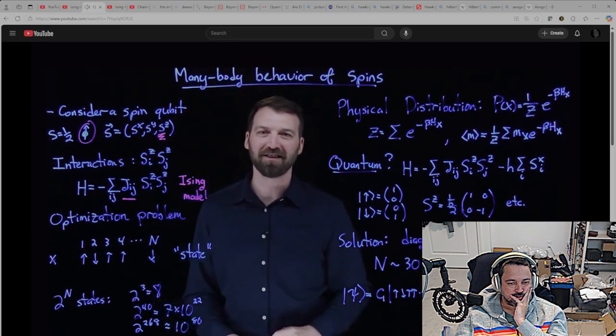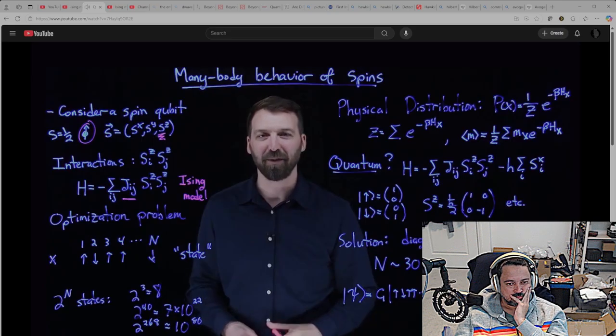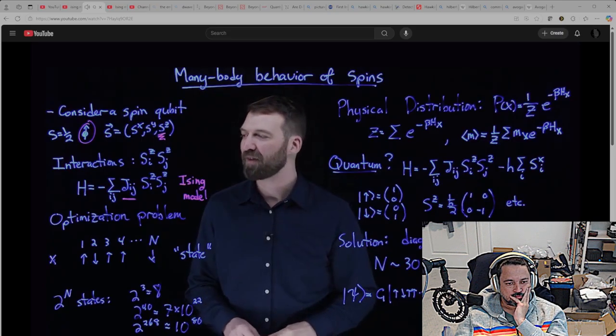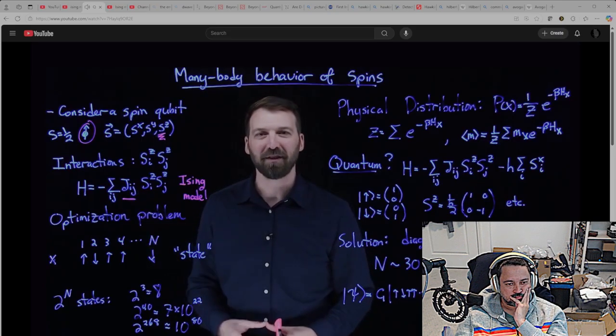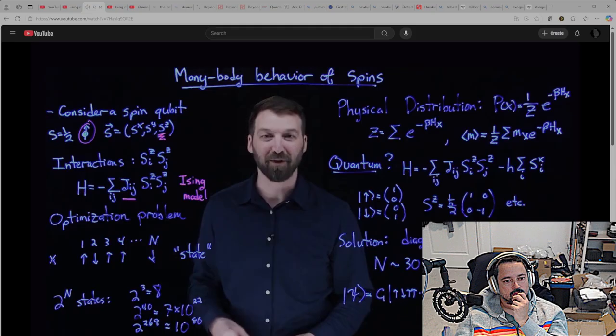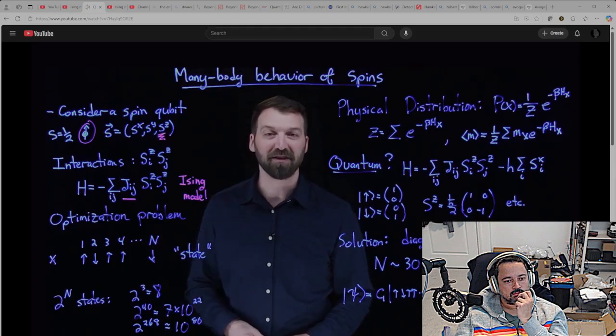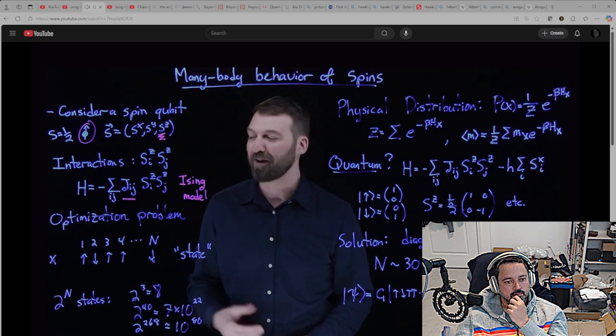The Ising model is the simplest model of interacting spins, yet it is actually very highly complex in and of itself. So the Ising model is typically used to embody not only physical processes, for example, in the study of quantum magnetism or even classical magnetism, but it's used to encode optimization problems, which is something you may have encountered before.